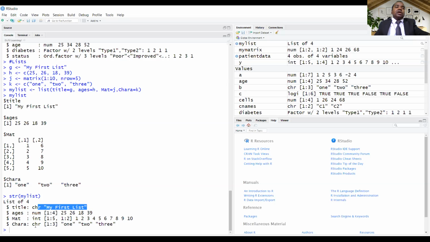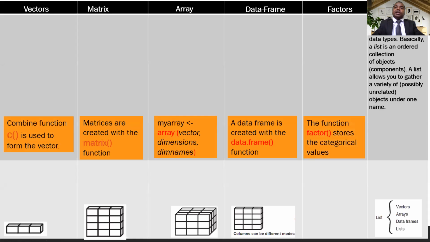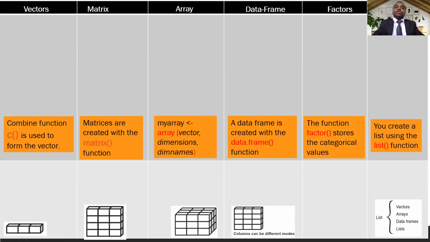Then your character is having character data type 1, 2, 3. These all things.